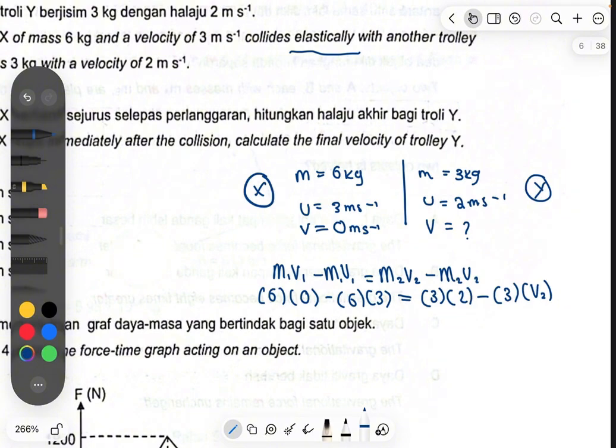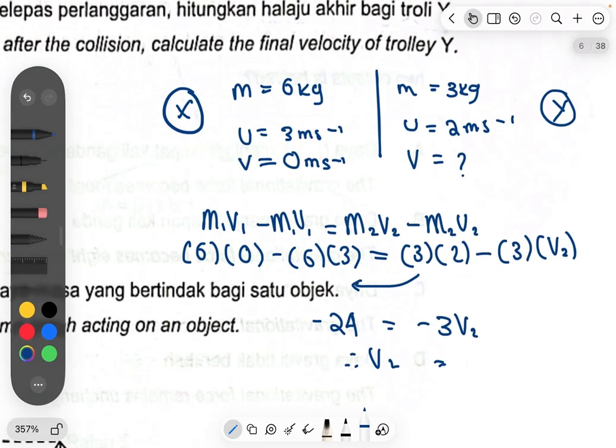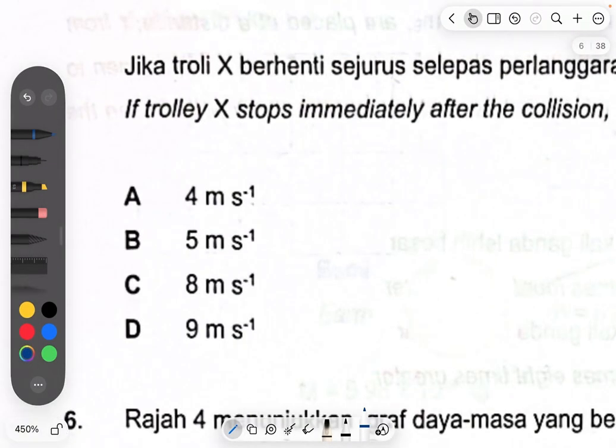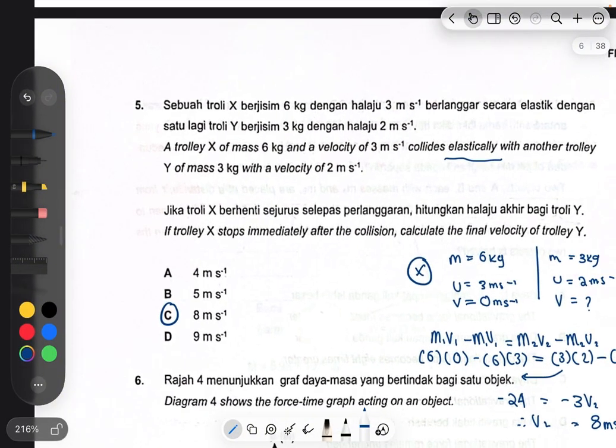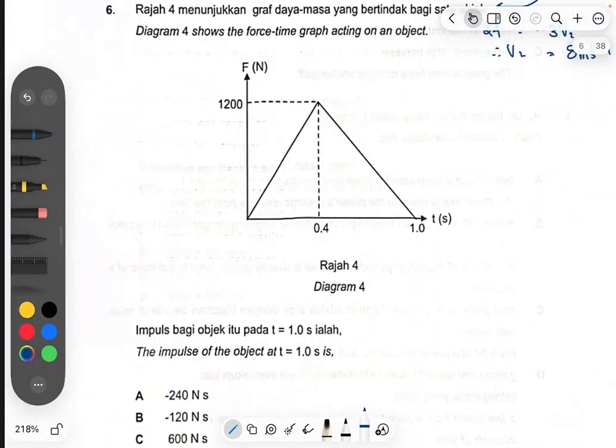So then you'll get negative 24, I bring it here first, is equal to negative 3v2. So v2 is equal to 8 ms^-1. Okay, so the answer is C.